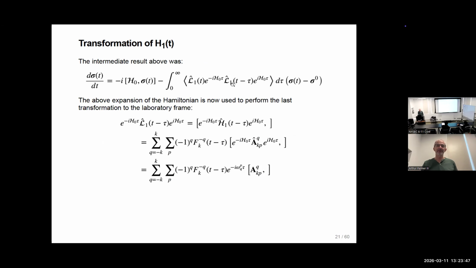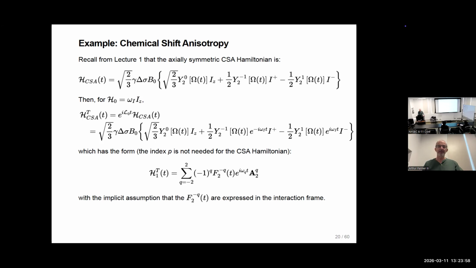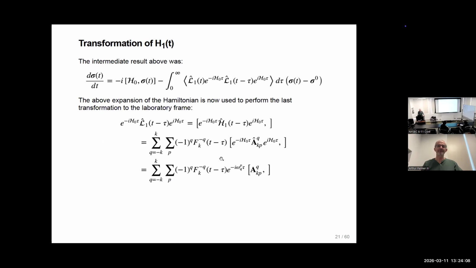So this is what we wanted to transform. Now we're going to plug in this expression for the Hamiltonian in the transformed frame for H1 here, and then do the transformation term by term.